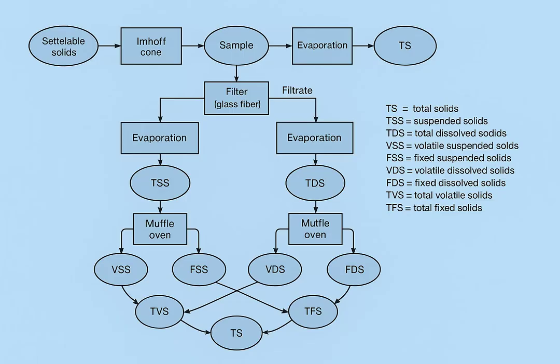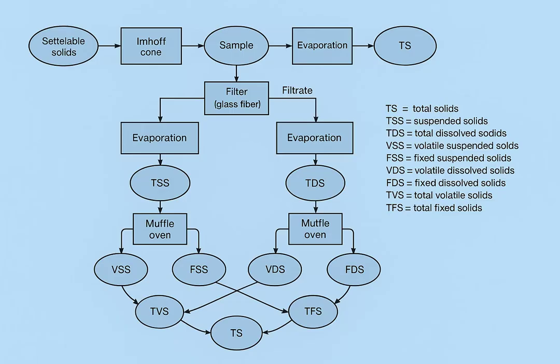Then there's total volatile solids, TVS, and total fixed solids, TFS. Breaking it down by what burns off. Yeah. Exactly. Organic versus inorganic, essentially. Right. We'll get into that. Then total suspended solids, TSS. The stuff floating around. The stuff caught by a filter, yeah. Then volatile suspended solids, VSS, and fixed suspended solids, FSS. Same idea, organic versus inorganic, but just for the suspended bits. Precisely. And then total dissolved solids, TDS. Okay, so what doesn't get caught by the filter?